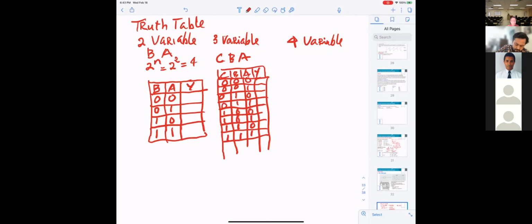The first 8 will be 8 zeros, 8 ones, then 4 zeros, 4 ones, 2 zeros, 2 ones, and 0 1. Whatever they want to design, they have to know how many inputs, and for each input, what they want at the output. Okay, I can give you a very simple example.